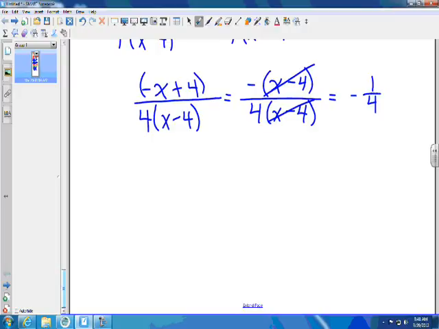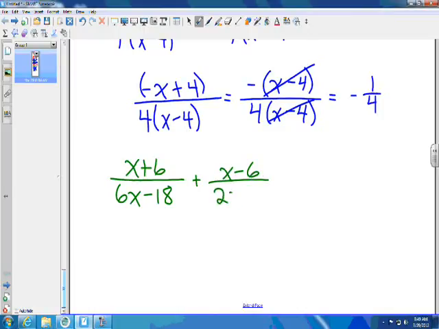X plus 6 over 6x minus 18, plus x minus 6 over 2x minus 6. Get started.